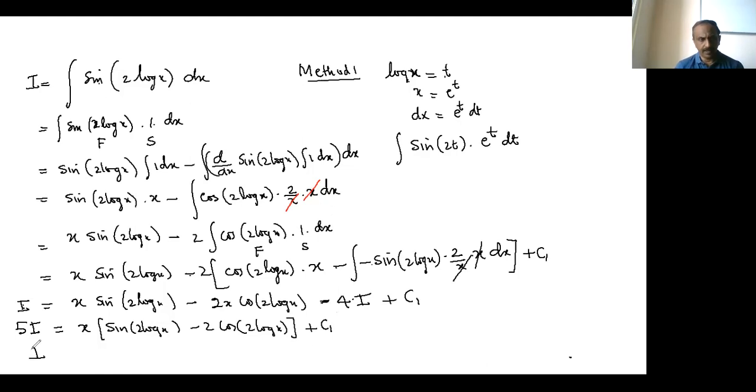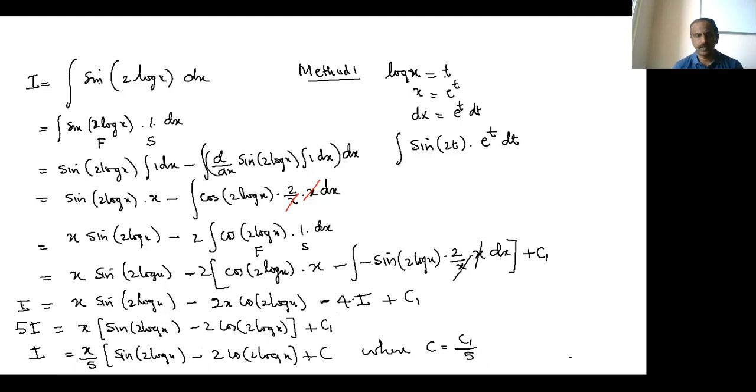When I divide by 5, it will become x by 5 into sine of 2 log x minus 2 cos of 2 log x plus C, where C is C1 by 5. These are the problems that are based on the I method.